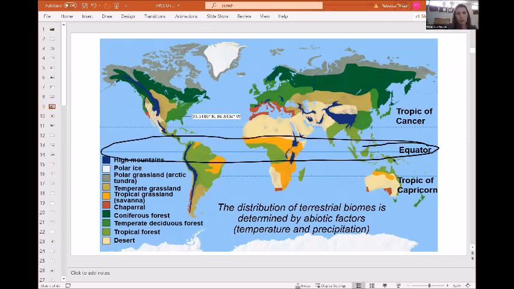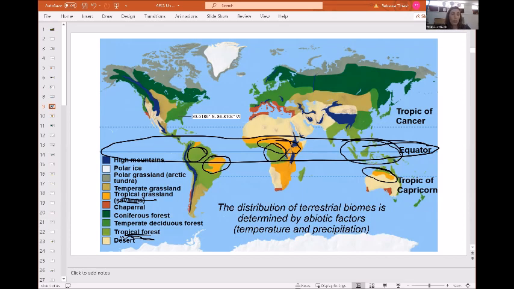So we've got tropical grassland or savanna located here, here, and also here on the edge of that tropical zone. And then we've also got the tropical forest in this lighter green, here, here, and also over here on the equator. Why is that? Well, there's a lot of sunlight and probably a lot of precipitation in these areas.